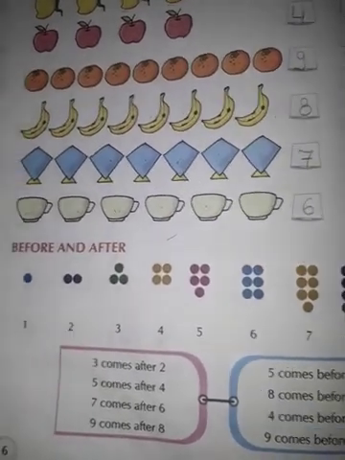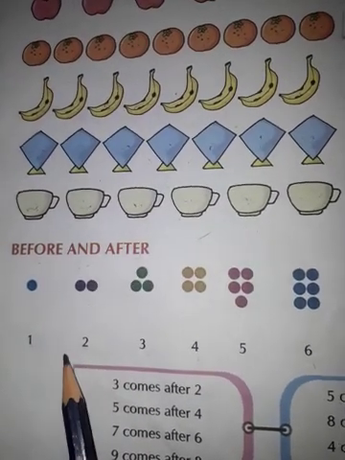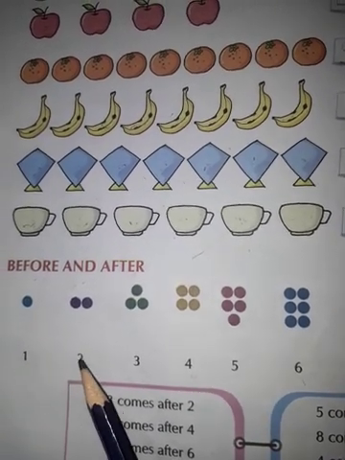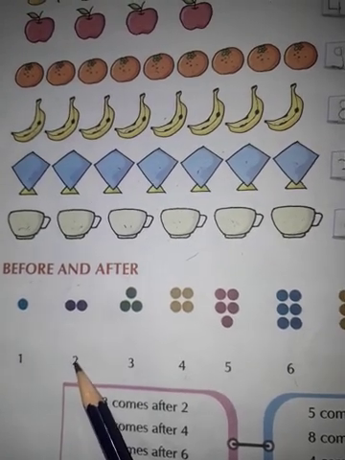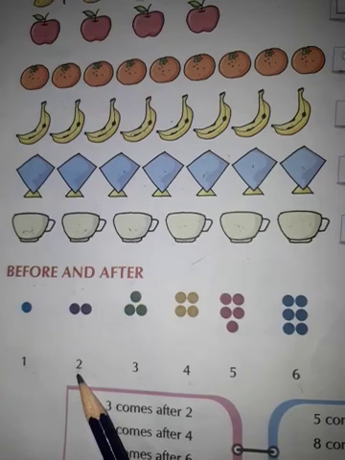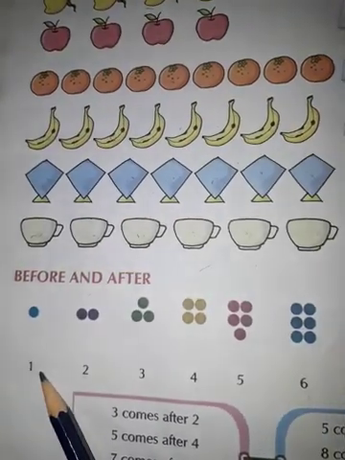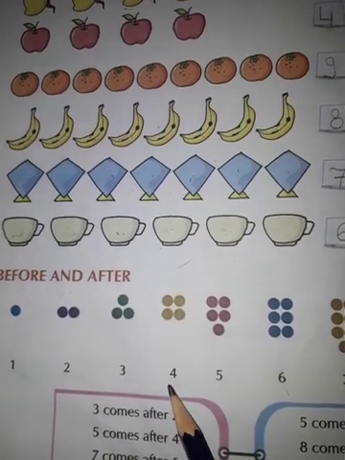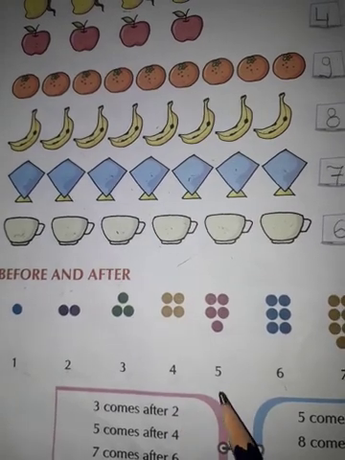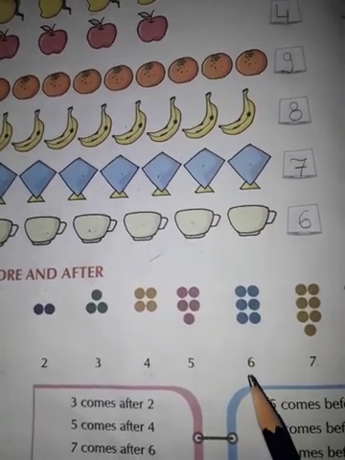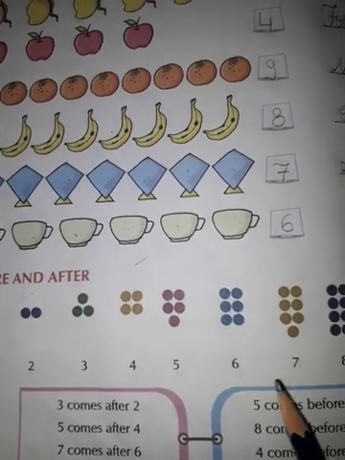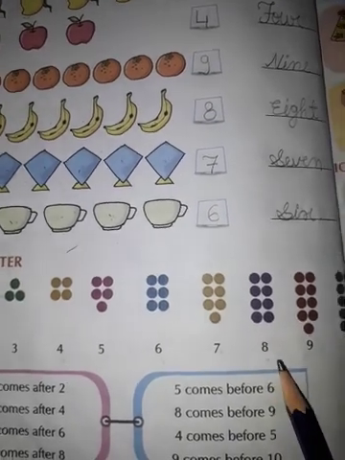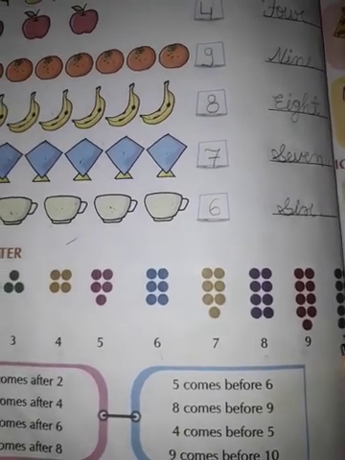So now you can understand the numbers which come after and before. 1 comes before 2, and 2 comes before 3, and 3 comes before 4, and 4 comes before 5, 5 comes before 6, 6 comes before 7, 7 comes before 8, and 8 comes before 9, and 9 comes before 10.